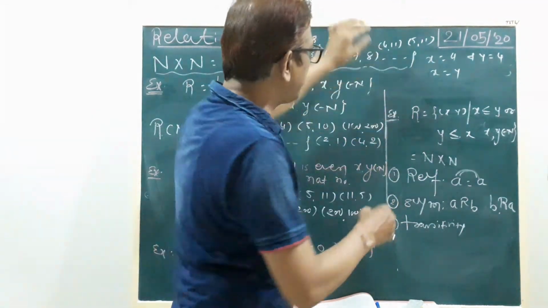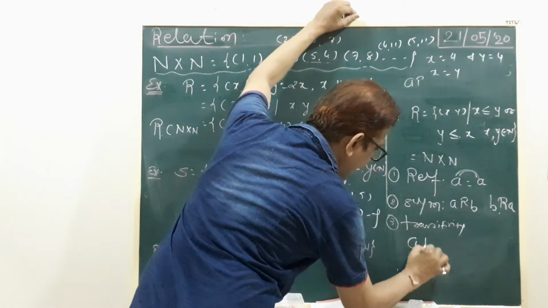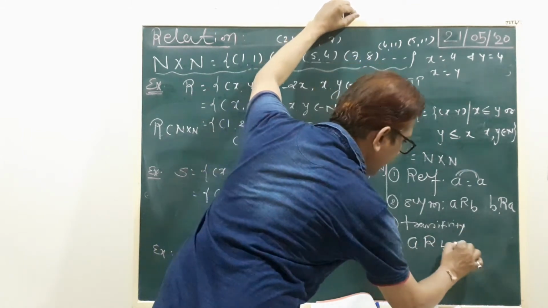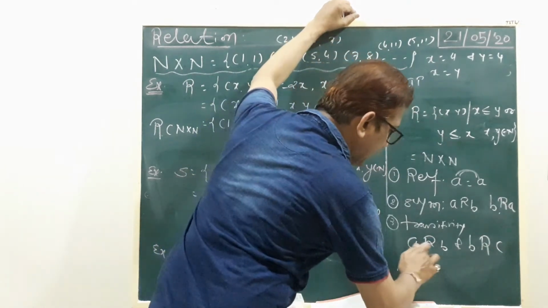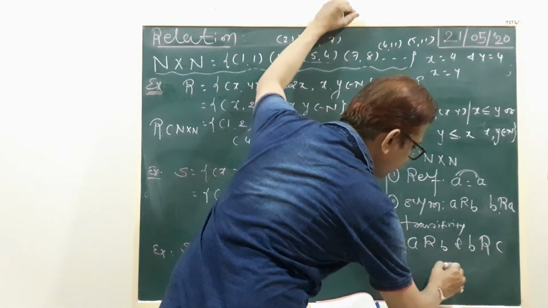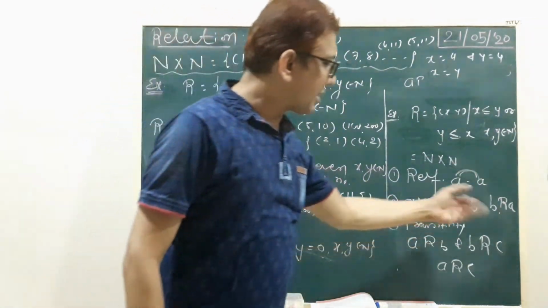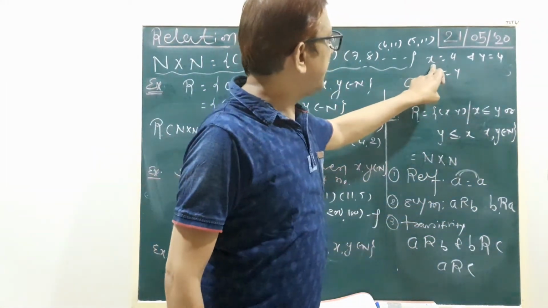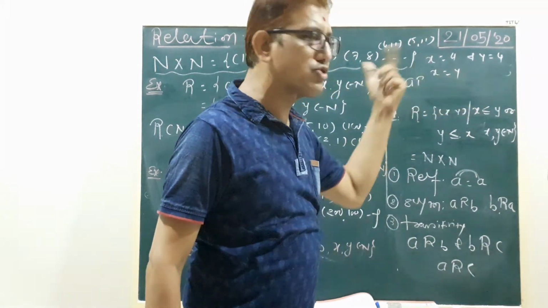That means A is the relation of B, and B is the relation of C. So A relation B and B relation C, so you can write A relation C. Common element cancel. Here also x is the relation of 4, y is the relation of 4. Common element cancel. So x relation y.